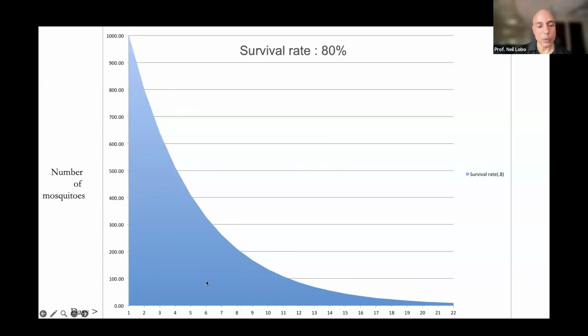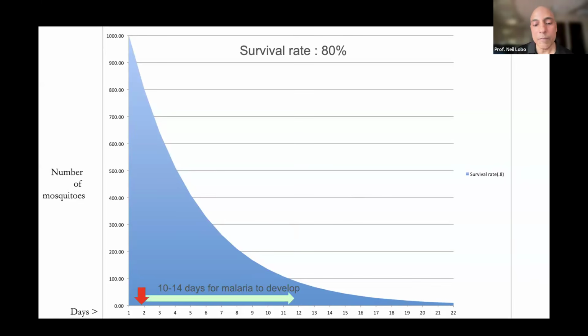Now let's suppose that on day two, every single mosquito gets infected with malaria. Let's imagine that every single mosquito bites me and I have malaria and they all get infected with malaria. This means that in 10 to 14 days, they will actually be infectious because that's the time it takes for the Plasmodium parasite to develop in them.